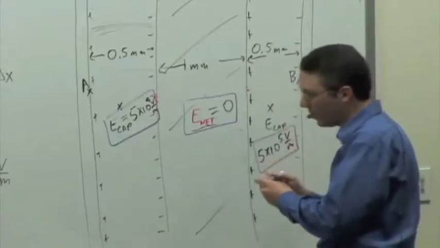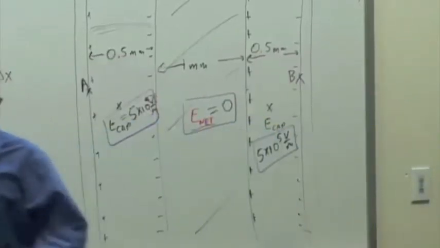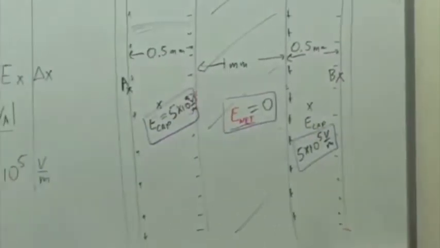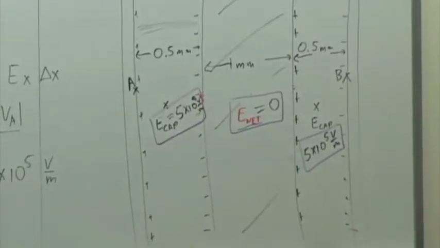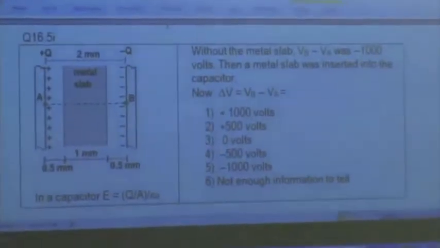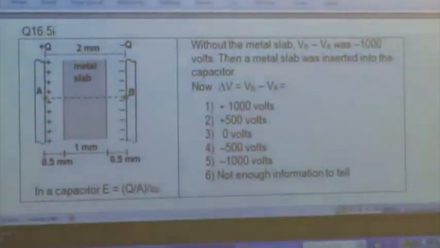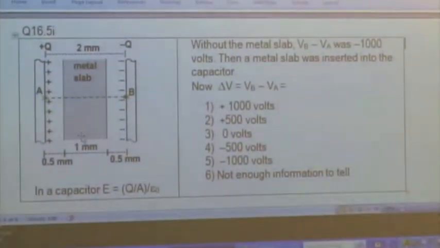So here's the question. Without the metal slab, when we found the potential difference A to B, it was negative 1,000 volts. Then we put this metal slab in between. What's VB minus VA now?